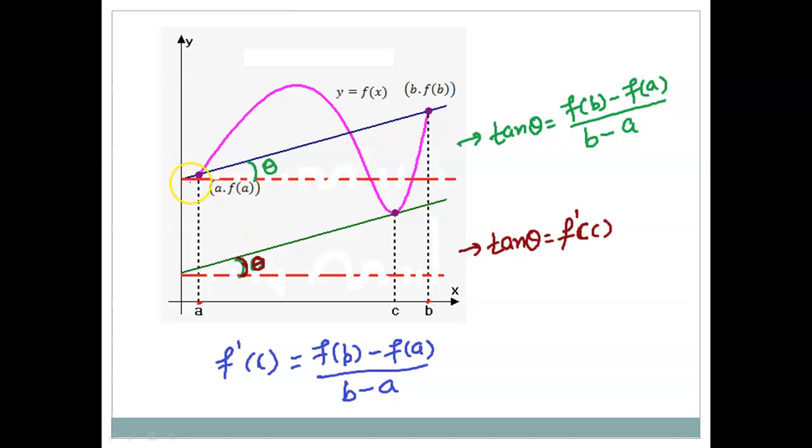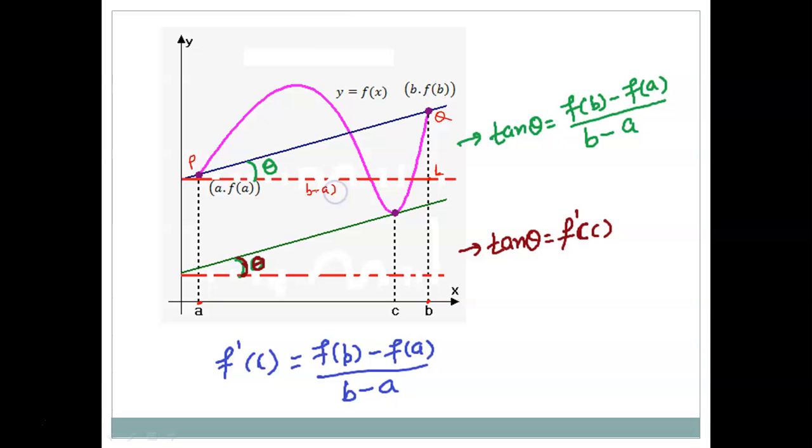Suppose I draw this line parallel to the x-axis, and consider the angle subtended by the line joining the points P and Q. Then it becomes a right angle triangle, if I consider this point as L. So from this triangle PQL, tan theta will be equal to perpendicular divided by base. You can easily see the length of the base is b minus a.